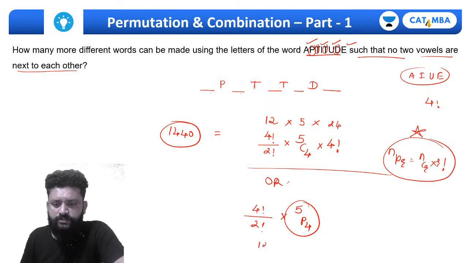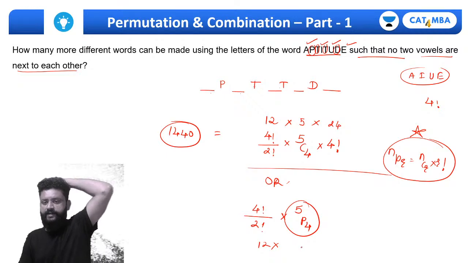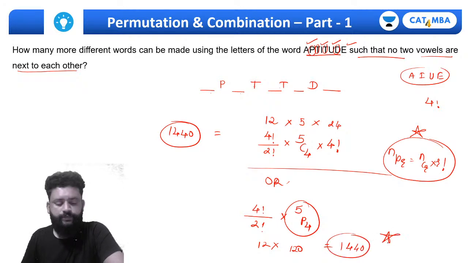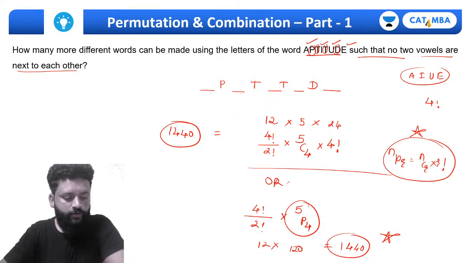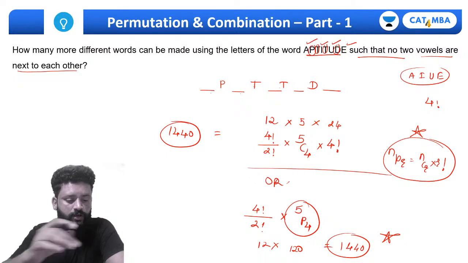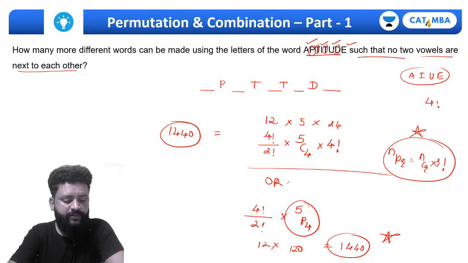And if you do this way, this will be 12, and 5P4 will be definitely 120. Answer is 1440 for this question. Quite important question type. Typical question जो बहुत बार स्नैप, स्नैप लगे एग्जाम में तुम्हें डेफिनेटली ये मिलेगा.